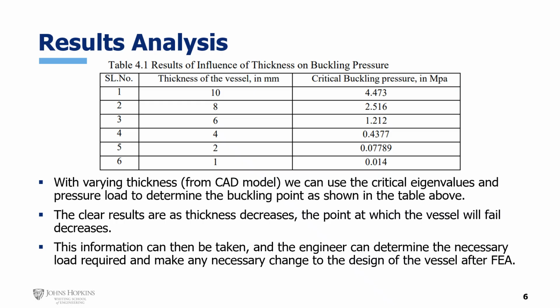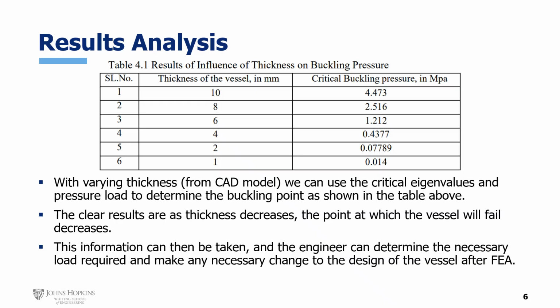Say you need to withstand 3 megapascals, you would want at least 10 millimeter thickness so that failure is not an option. Of course, you have to weigh other factors like weight that might create more fine-tuning between those points, but this FEA is super useful when trying to design something for a specific failure mode in mind.